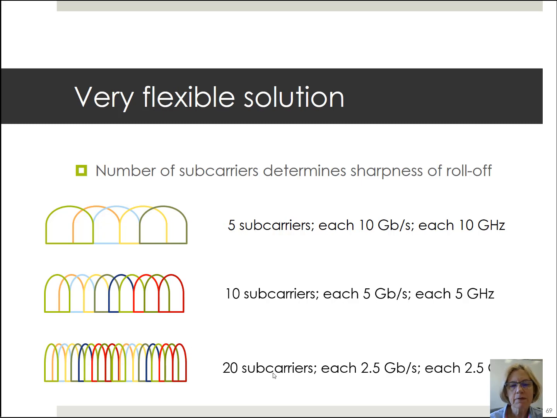So OFDM is another way to avoid the use of a rectangular pulse, which has a very wide bandwidth, another way of achieving very narrow bandwidth. It's a completely different technique which comes around to achieving the same goals.